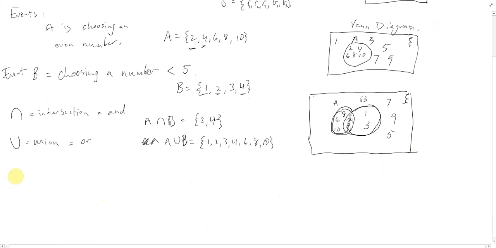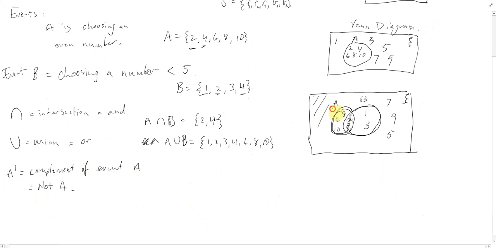Okay, there's a couple of last things to tell you, and that is the complement. So let me do this. A dash means the complement of A, the complement of event A, which means everything except A. So it sort of means not A. Let me show you that on this Venn diagram.